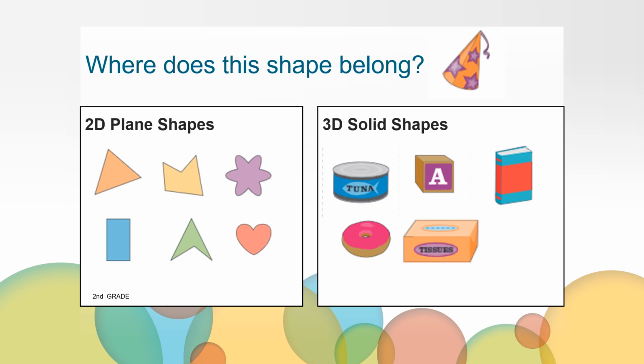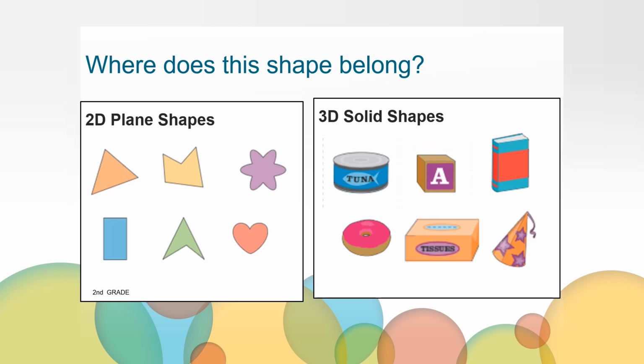Where does this shape belong? Is the party hat a plane shape or a solid shape? How do you know? The party hat is a solid shape.